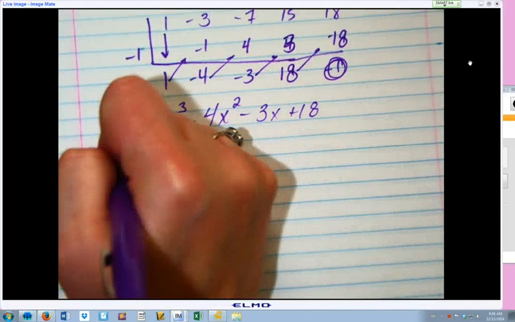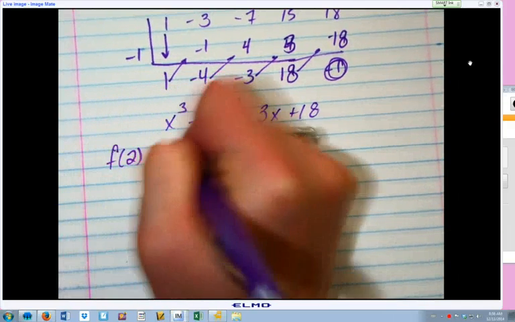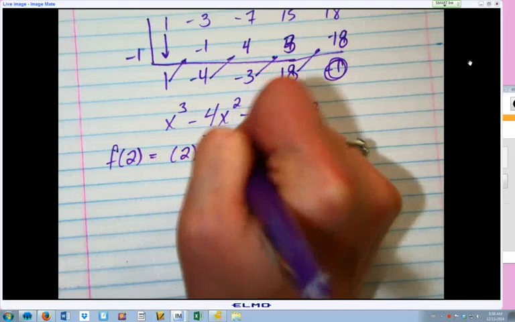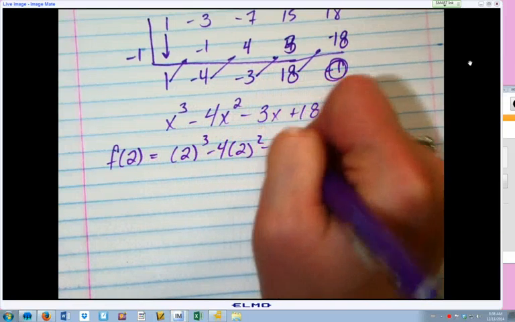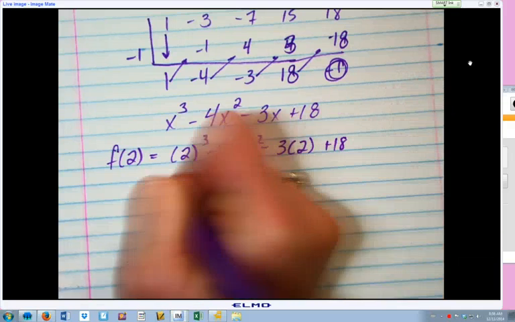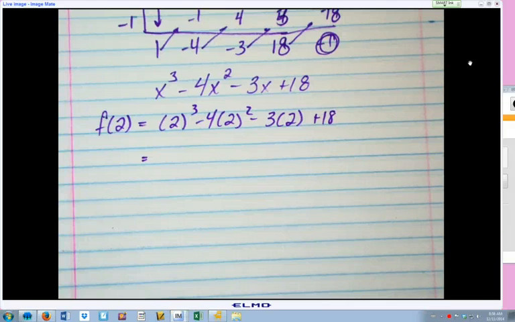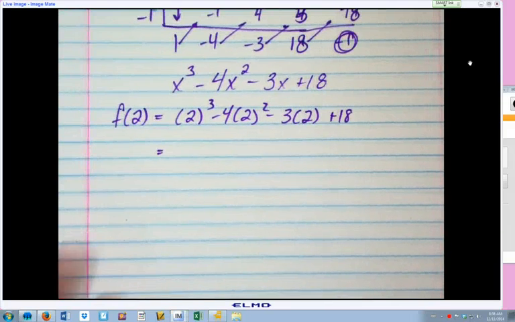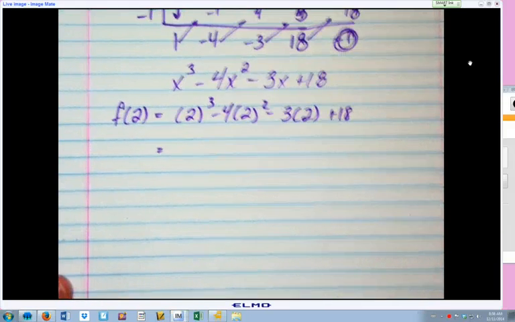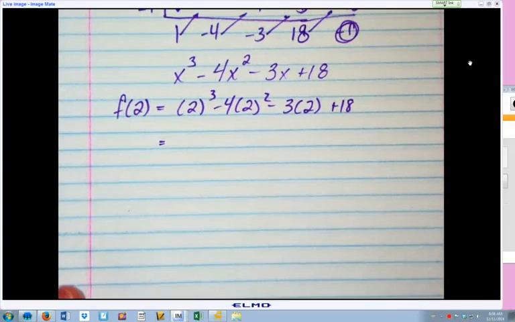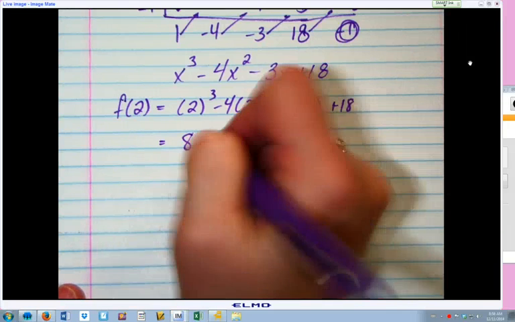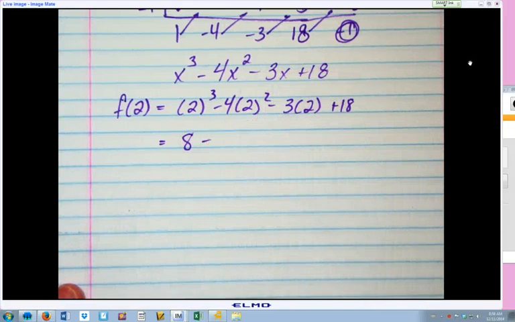Okay, let's try 2. By the way, mathematicians, we hate factoring higher order polynomials. We think this is way too much work. 2 cubed, 2 squared times negative 4. Ooh, I heard a bunch of answers there.